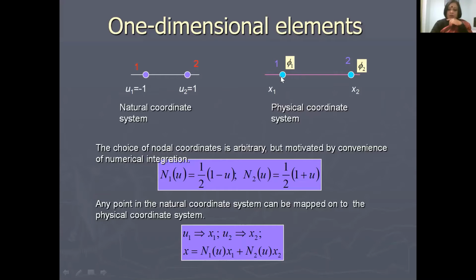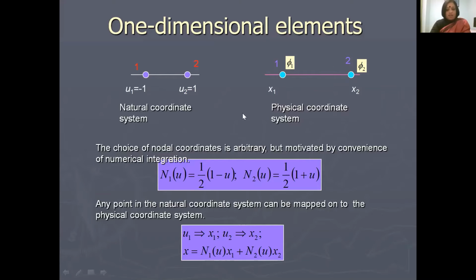So x1 should map onto u1, x2 should map onto u2. Additionally, u1 should be equal to -1 and u2 should be equal to +1, which means that all the points, no matter how many, between x1 and x2 should map onto the line segment between u1 and u2.